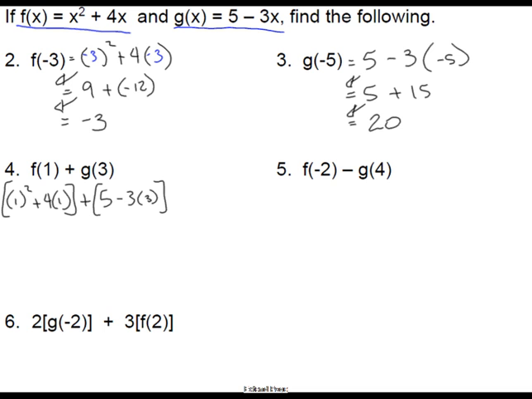Now I go through and work out the one on the left, work from left to right, do my parentheses. So I have 1 plus 4 plus 5 minus 9 gives me 5 plus -4, which is 1. So the answer to this one is 1.